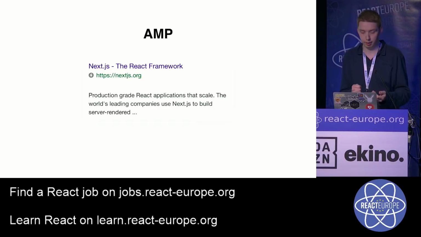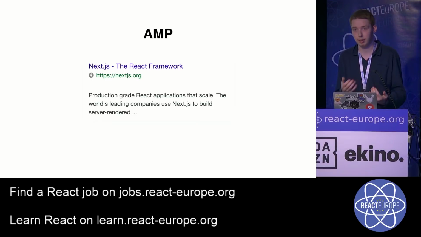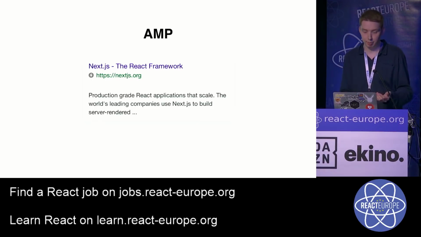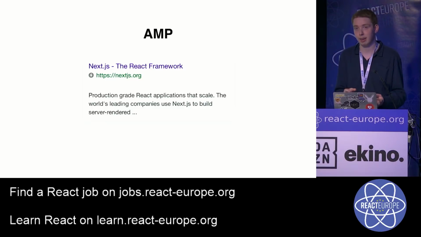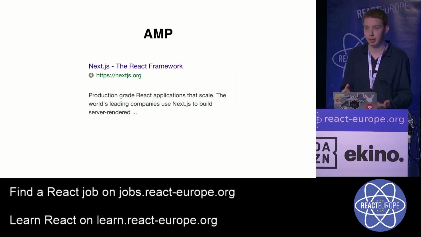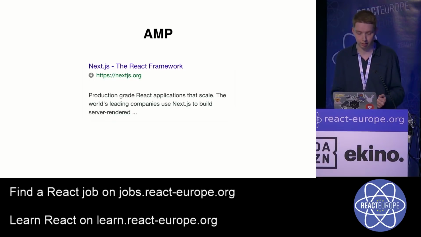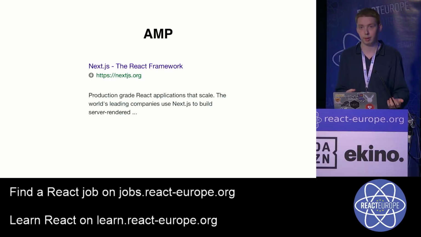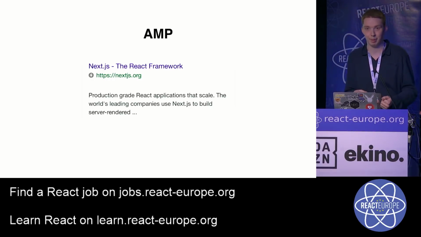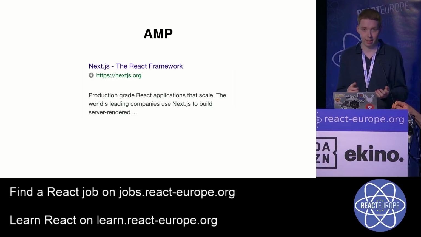Those pages are indexed by Google and used in their search results, and they're highlighted by this lightning icon that you can see behind me. If you click on that, it's going to load your page immediately, inside of Google. We use this for Next.js.org, as you can see in the image.